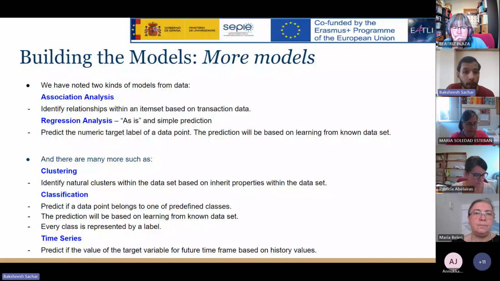Moving on, clustering is basically how we can see similarities within a data set and how they inherit the properties of it. I'll come to it in one of the further slides. Classification is primarily to see and understand if there is a particular label attached.